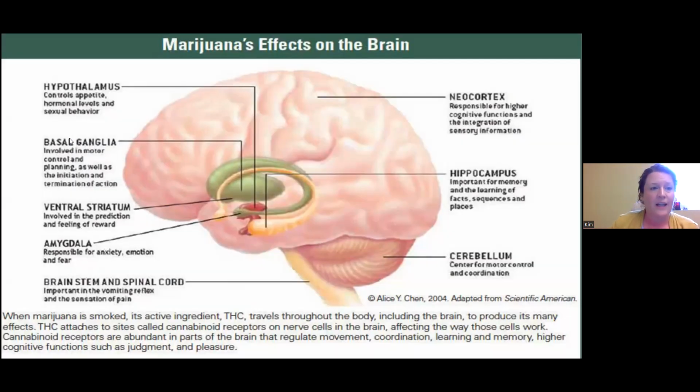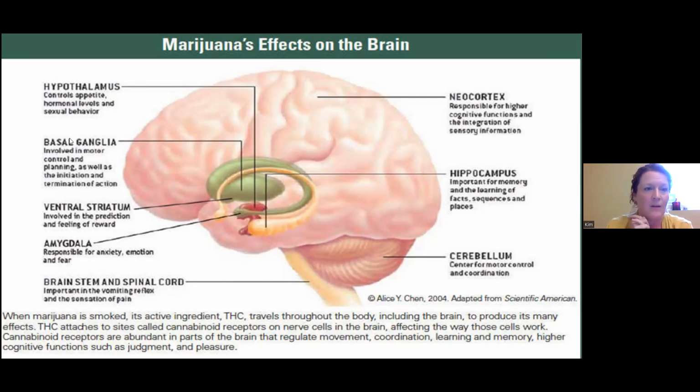When we talk about the areas of the brain that are affected, it really is going to depend on that person. It's going to depend on what it is that they're using, how they're using it, and the potency of what they're using. But there are several areas of the brain that have a major impact. So the hypothalamus controls the appetite, your hormone levels, and your sexual levels.